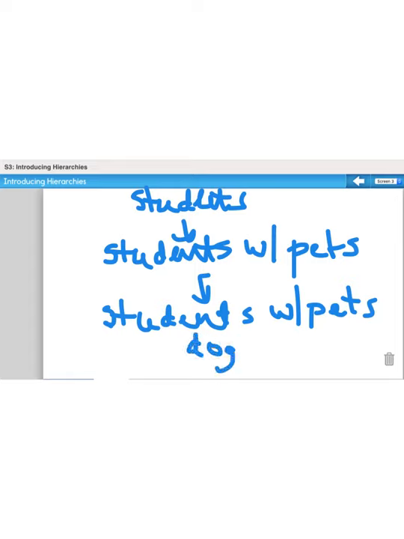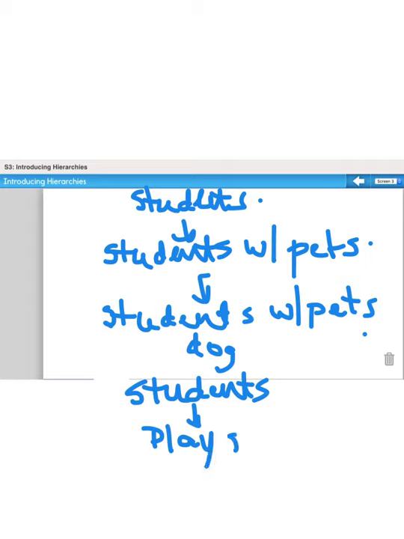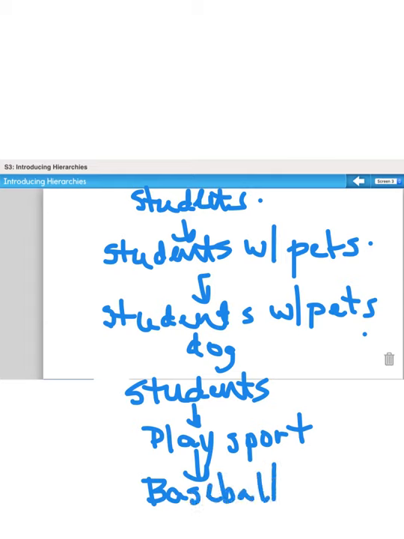So this bottom group would be a subcategory of this middle group, who's also a subcategory of the students in my class. Another one that we could do are students in my class. And a subcategory of that would be students in my class who play a sport. And then a subcategory of that could be students in my class that play a sport who play baseball. So that will be the bottom category in our hierarchy, and that's going to be the smallest group compared to all three groups.